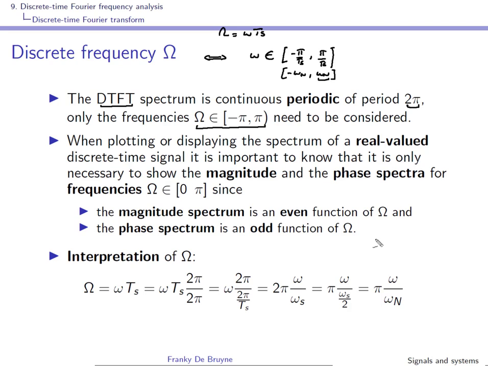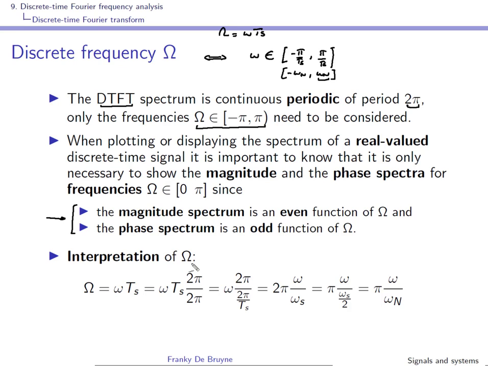This should not come as a surprise, because remember that the DTFT is obtained by sampling the Fourier transform, and the Fourier transform comes from the Fourier series, and we had seen that this Fourier series had similar properties.